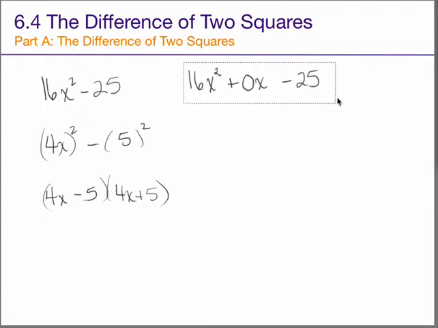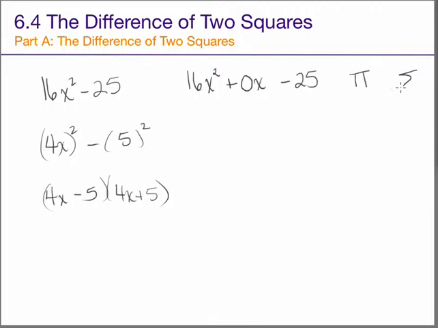Now, having rewritten this, let's go find its product and its sum. Its product is 16 times negative 25. That's negative 400. What's the sum? 0.